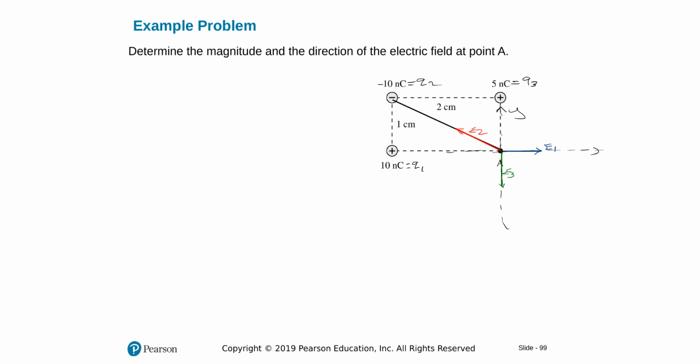So to the right is positive X, up is positive Y, down will be negative Y, and left will be negative X. We will need to find components of E2 here. E1 is only along X, will be easy, only X component, and E3 is only along Y. But for E2 we need to find its components X and Y.